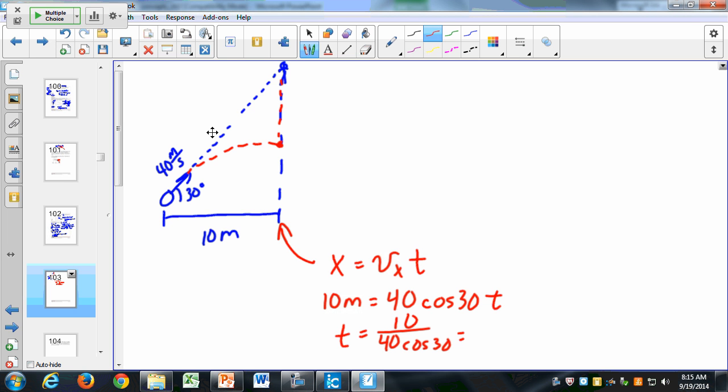I get 0.29 seconds. All right, so that's my time. That's the time required for the water balloon to travel this 10 meters.